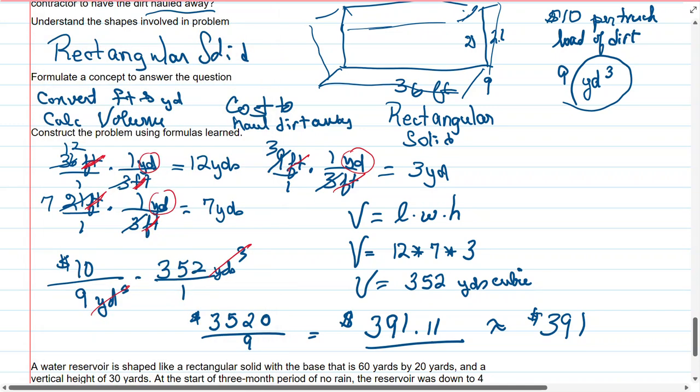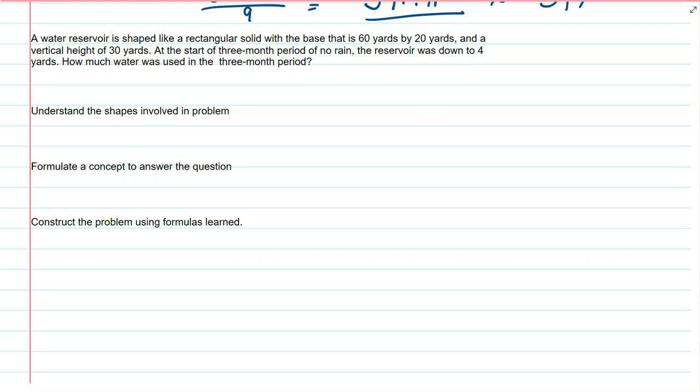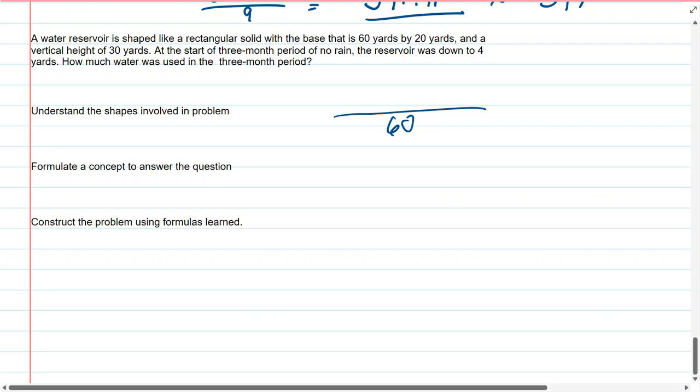All right, here we go. So we are saying 60 times 20 times 30 minus 60 times 20 times 4, because that's all that's left, equals volume used. All right, so that's a calculator.